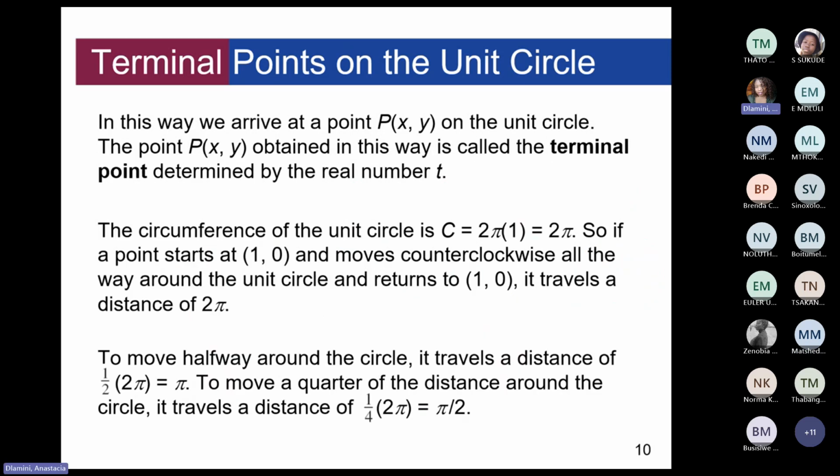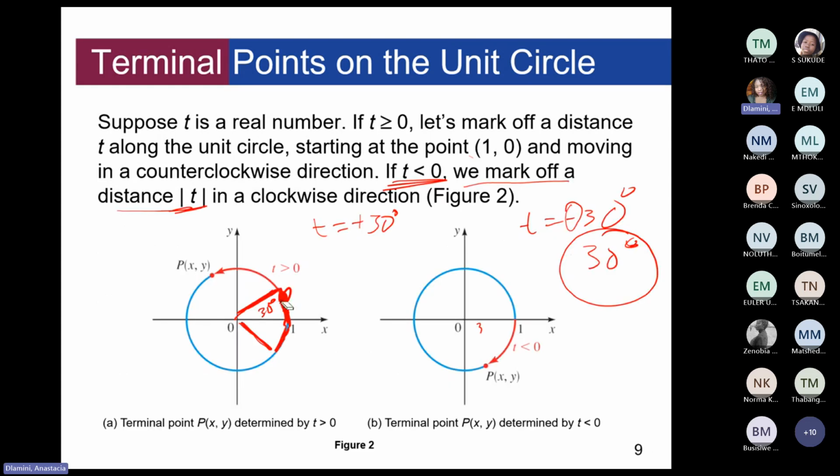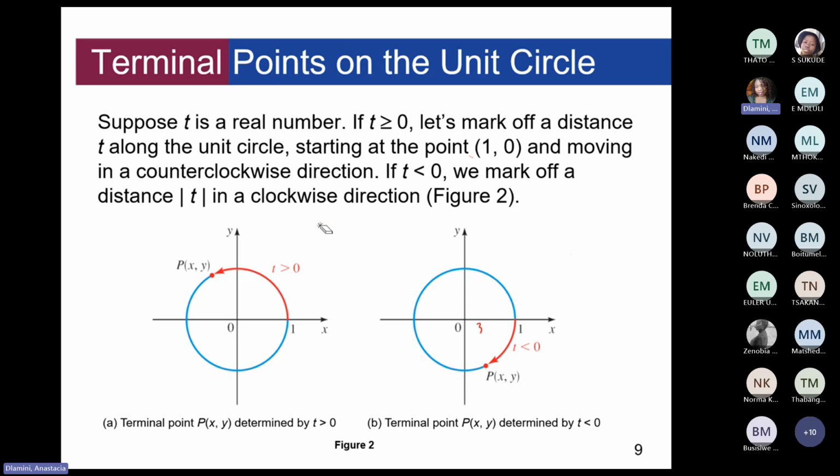Yes. Now they say, in this way, we arrive at a point. So when we move along that unit circle, you can't just move and not say where you are. When someone asks where you are, you say I'm at this point. When you are moving in a car and they ask you where you are, you say I am at wherever, Midrand, and you move and get to a point.